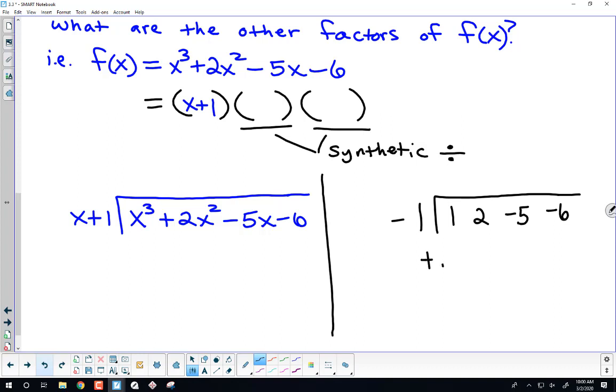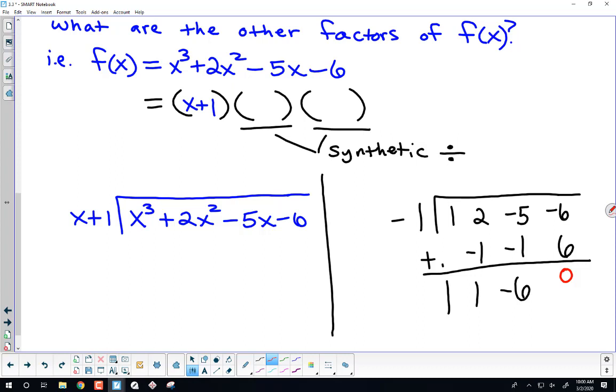Okay, so we have plus above the line. Drop the first one down, so 1 comes straight down. Then we multiply by -1, so we get -1. Plus 2, positive 1, again now times -1 again, -1, plus -5, -6, times the -1, so positive 6, gives us a 0.